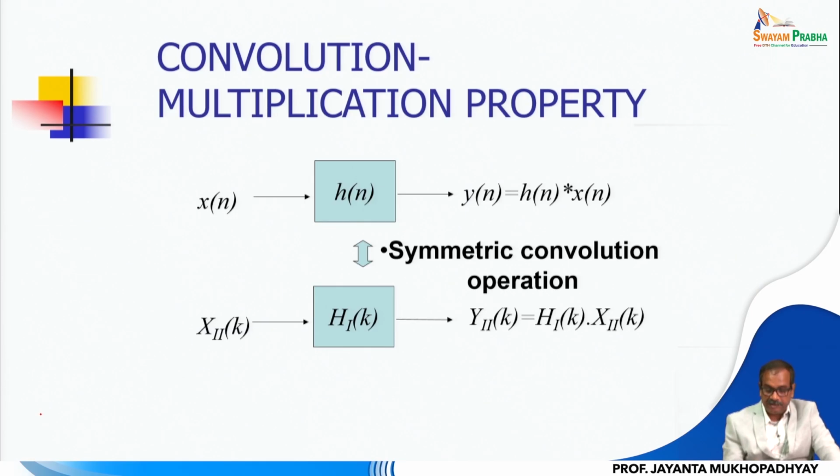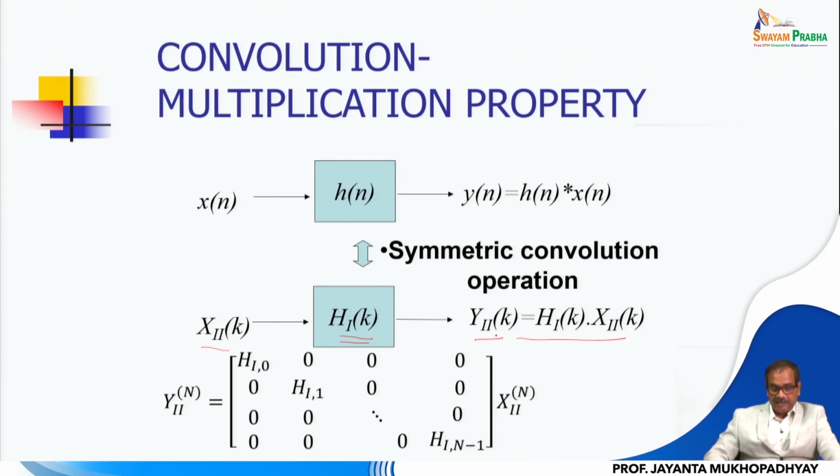I have shown it simply with respect to this x2k, which is a type 2 DCT block of a sequence, and this is a type 1 DCT of the filter, and this is how you get the type 2 DCT of the response. So, directly you are doing filtering in the type 2 DCT block space, and you can also express this in linear form.